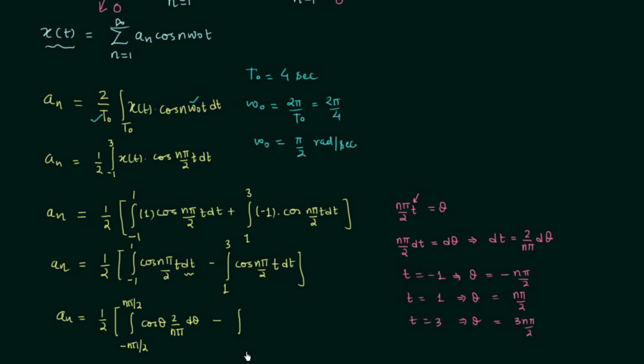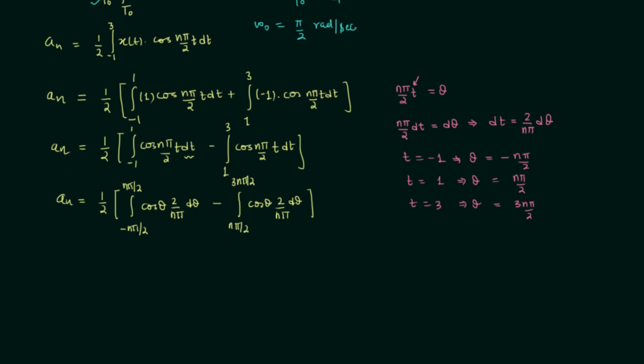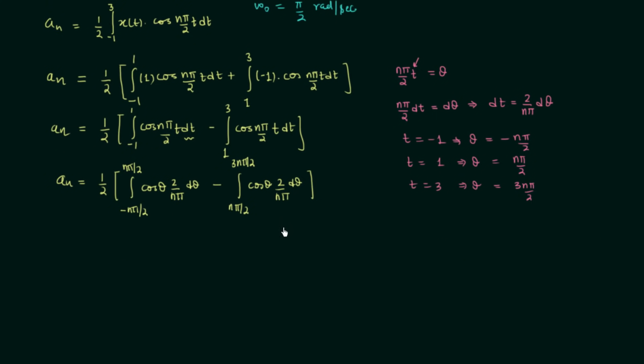Similarly, we have integration n pi by 2 to 3n pi by 2 cos theta times 2 over n pi d theta. 2 over n pi is a constant, so we will take it out of integration, and 2 over n pi is common in both integrals.